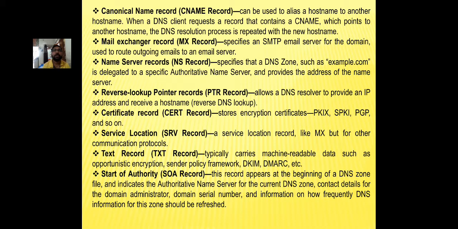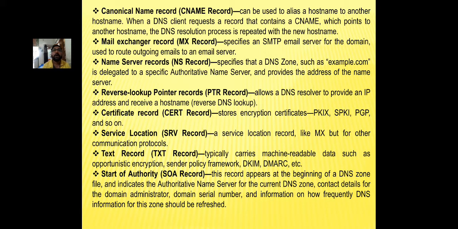Mail exchange record specifies the SMTP email server for the domain, used to route outgoing email to an email server. Name server record specifies that a DNS zone such as example.com is delegated to a specific authoritative name server and provides the address of the name server.